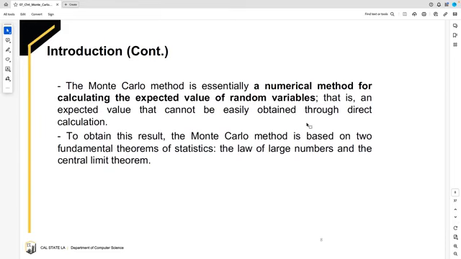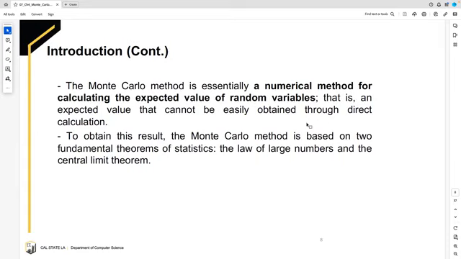So again, the Monte Carlo method is essentially a numerical method for calculating the expected value of a random variable. Recall that the expected value of a random variable is basically the average of the values that the random variable can take, right?